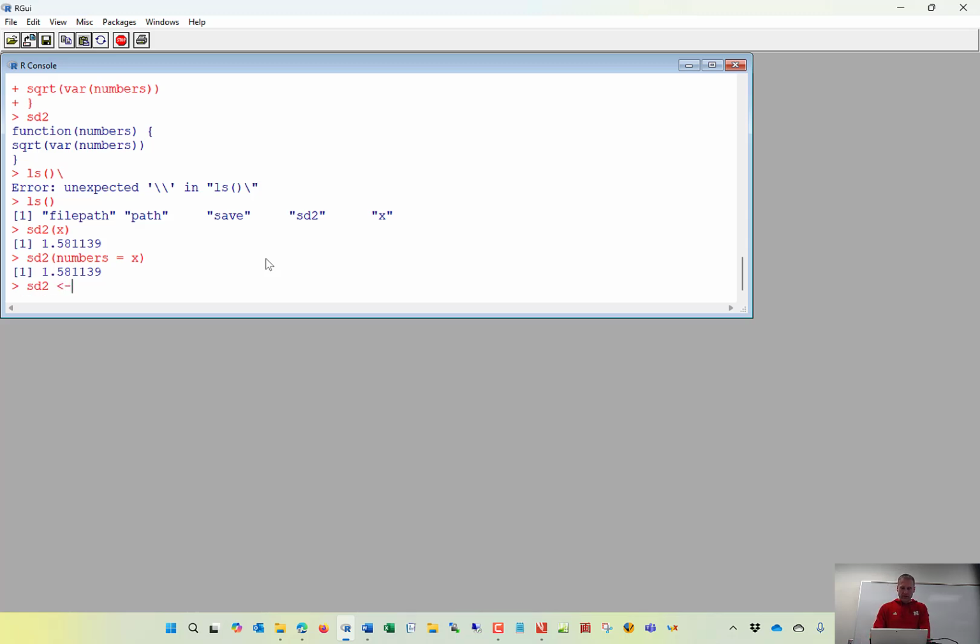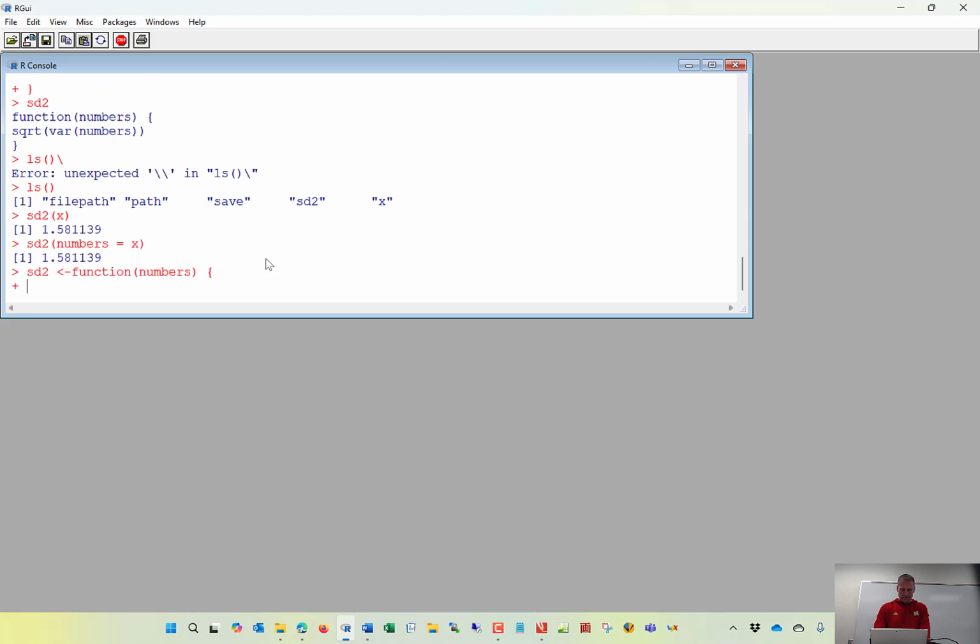Let's do a little bit of a more complicated function here. Let me just type this out quickly. Okay, for those of you who have experience with R, what do you think this cat function is going to do?